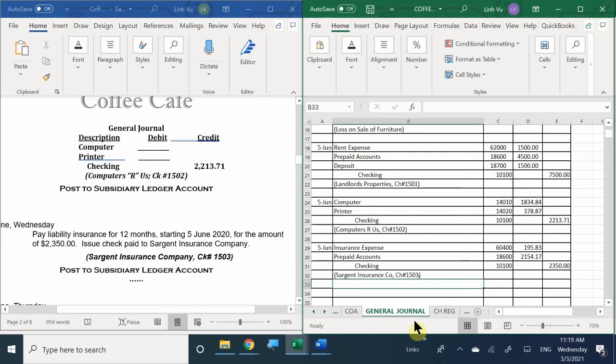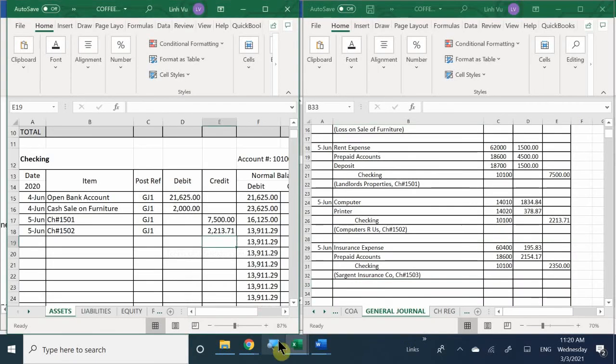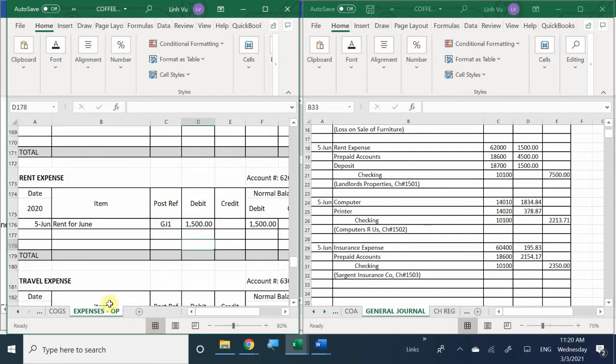So now, once I've done that, I can move on to my ledger to update my accounts. Let's go to the ledger and update my account. So what's the first thing I see here? Insurance expense. Where am I going to find my insurance expense? Expense. Good. Under expenses.